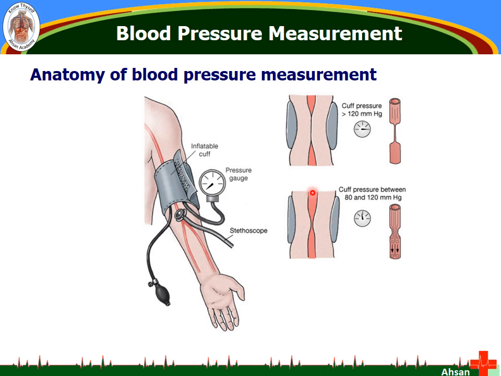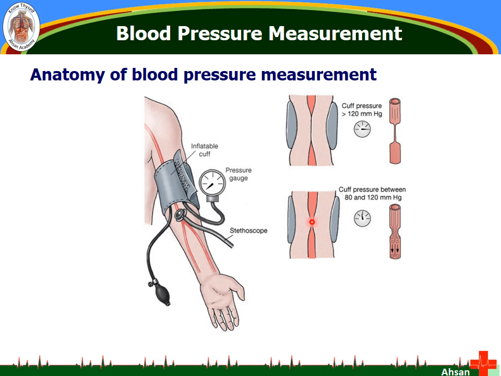Whenever it is just lower than the maximum arterial blood pressure, blood will start flowing, at the time when the pressure is maximum. When the blood pressure is lower than the cuff pressure, the artery will be totally collapsed.